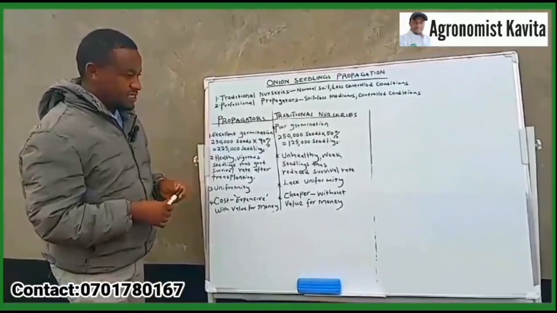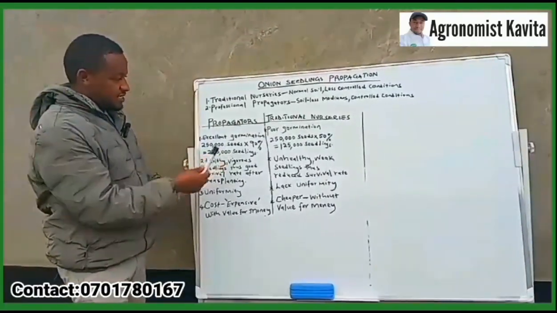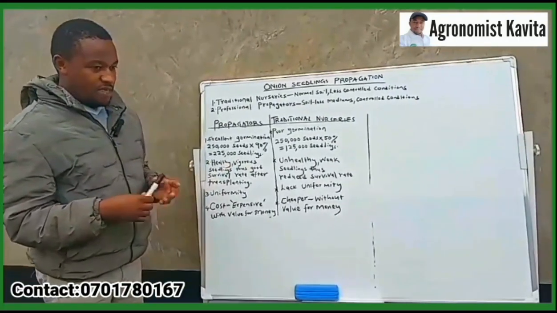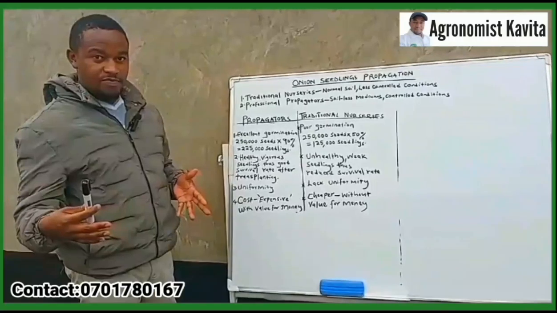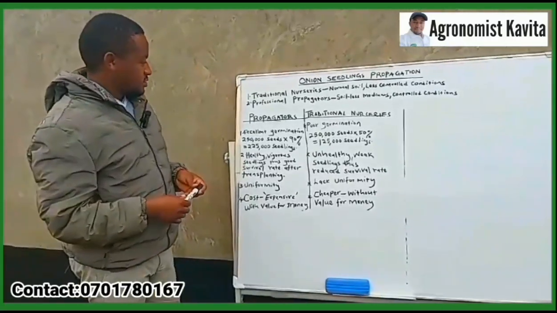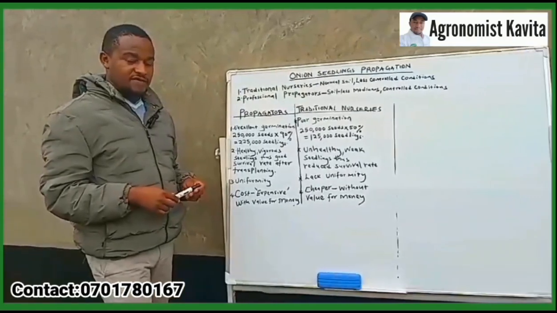You buy your seeds, let's say 1 kg, which is equivalent to 250,000 seeds. How many of these seeds are you going to transform into seedlings? This happens after germination, and there are many factors that affect germination.